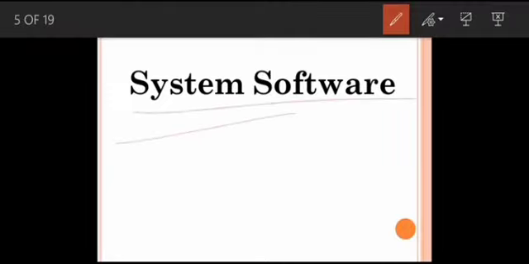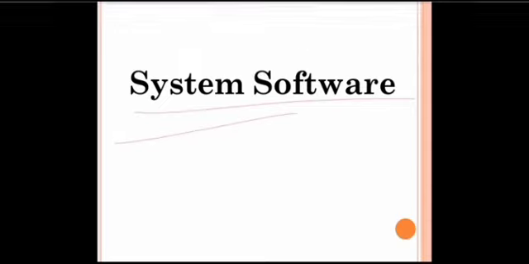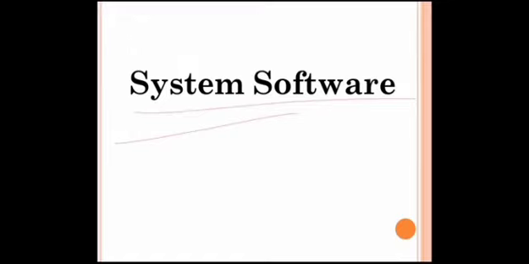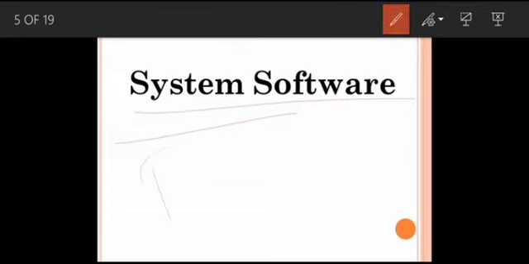Now, what is system software? System software is basically the most important software which is used to run the computer system. We can run a computer system without Microsoft Word. We can run a computer system without MS Paint. We can run a computer system without any games on our computer, but we cannot run a computer without system software.